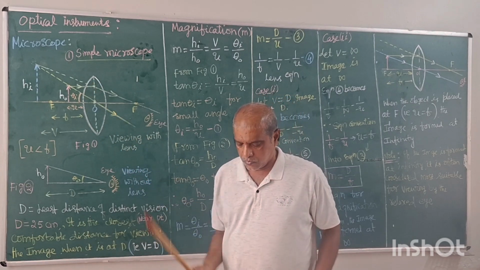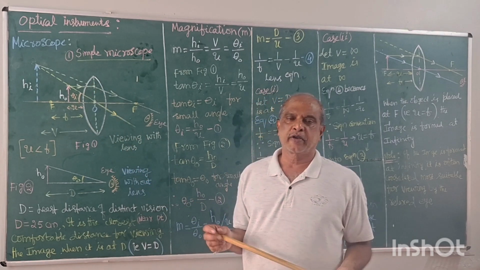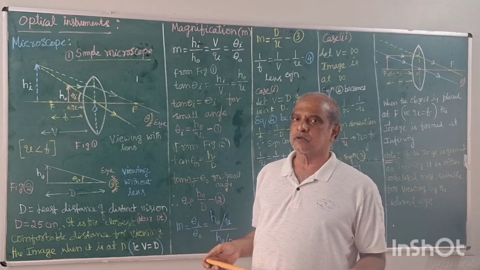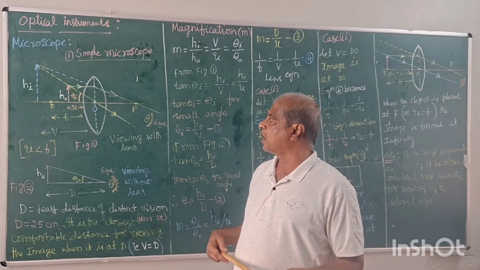As you know, the optical property of a convex lens depends on the position of the object.